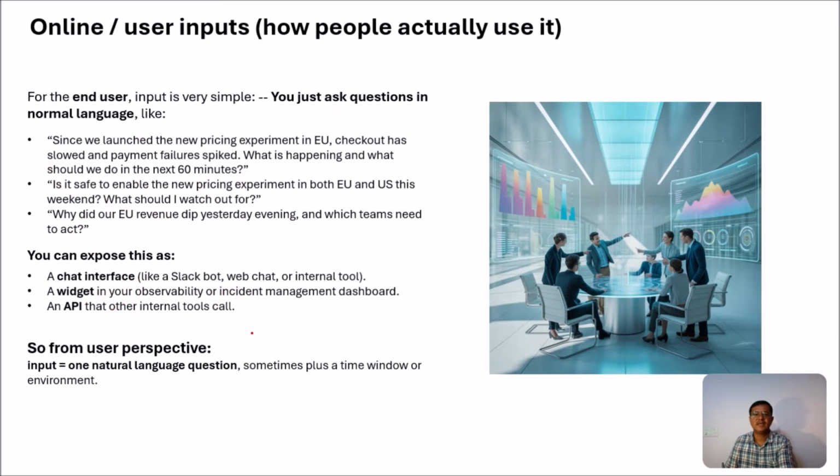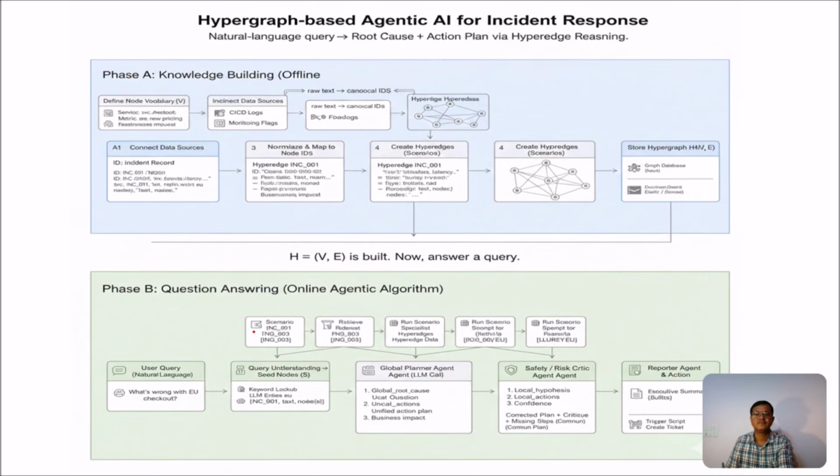Now the next thing is, what is the architecture of such a system? Such a system is developed in a two-phase architecture. In the first phase, which is the offline phase, we develop the knowledge. Here we are developing our hypergraph-supported multi-agents.